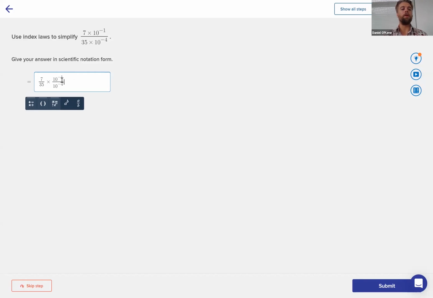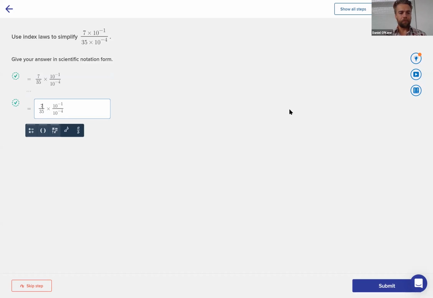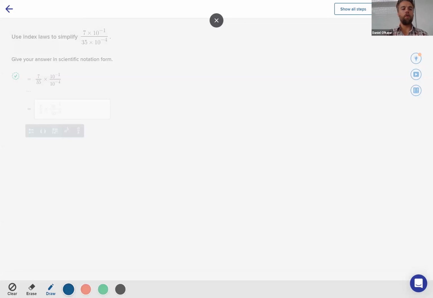Now you could use negative index laws to write these two negative indices as positive powers. I'm not going to do that. I'm going to take the 7 over 35 and I'm going to write that as 1/5. I've simplified that fraction, divided the top and bottom by 7. And then 10 to the power of -1 divided by 10 to the power of -4, well, I can use that division law.